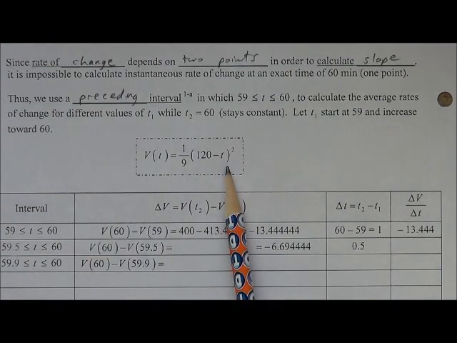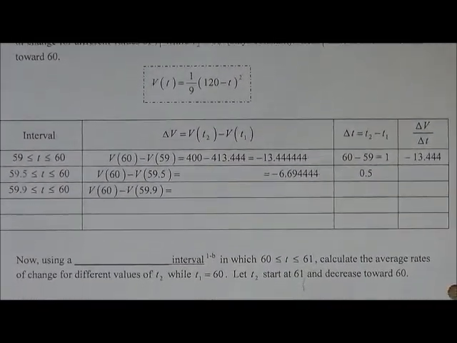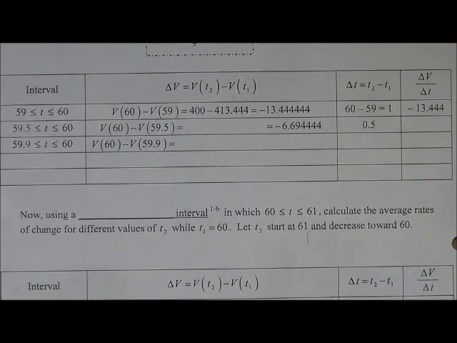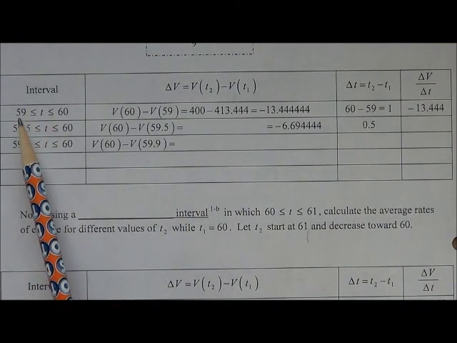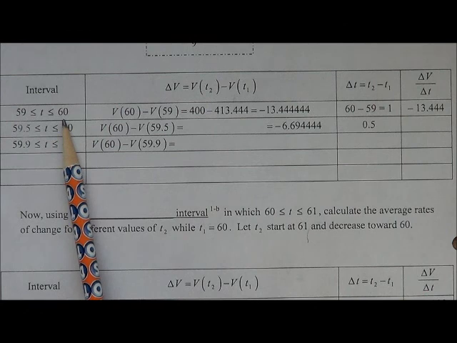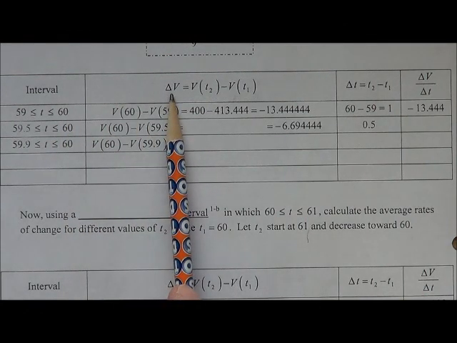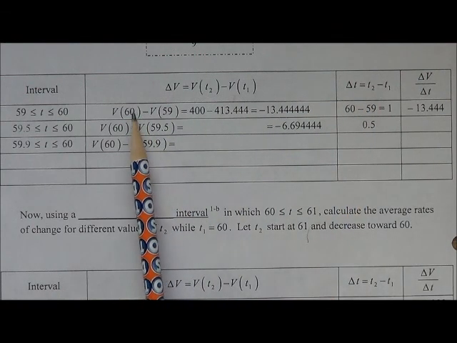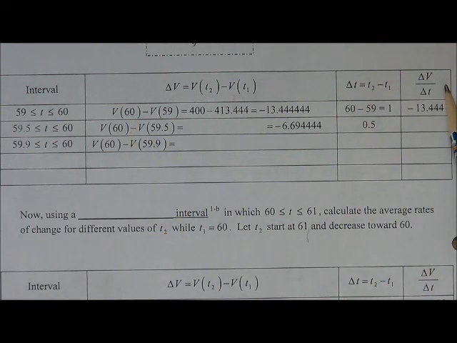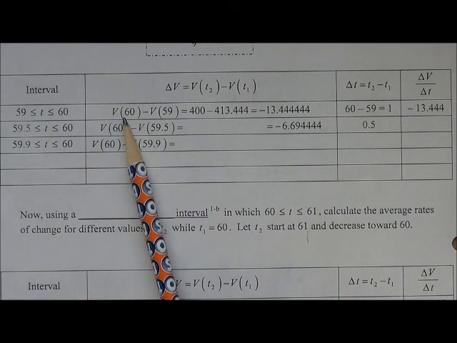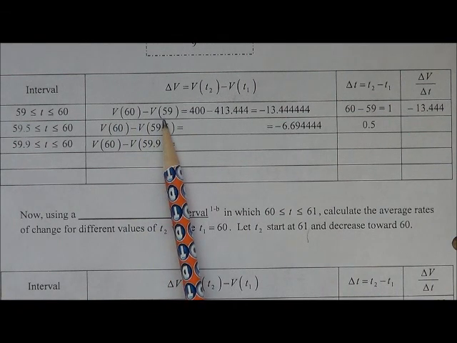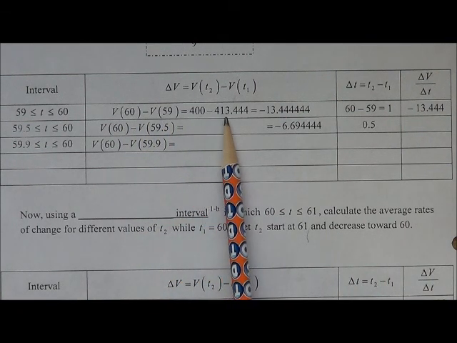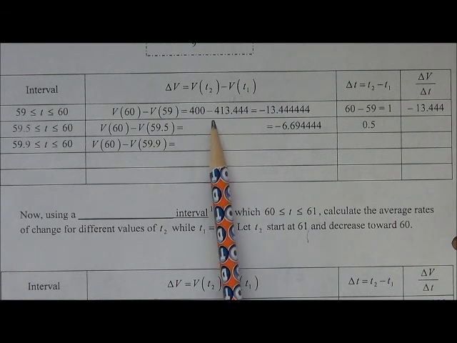Okay, and here's the formula again, just to refresh your memories. We're going to fill in this table, and the first interval is from 59 to 60. So we want to calculate delta V, and we also want to calculate delta T, and then we're going to, of course, divide delta V by delta T. V of 60 minus V of 59 is 400 minus 413.444.